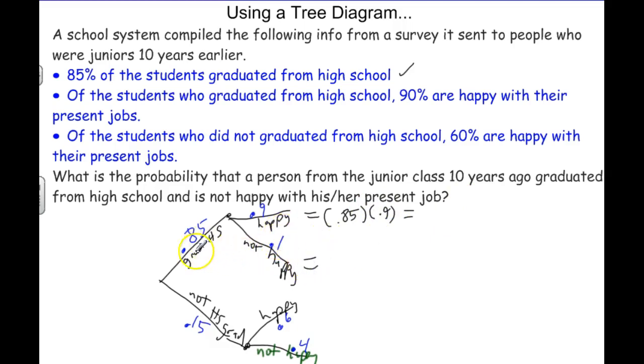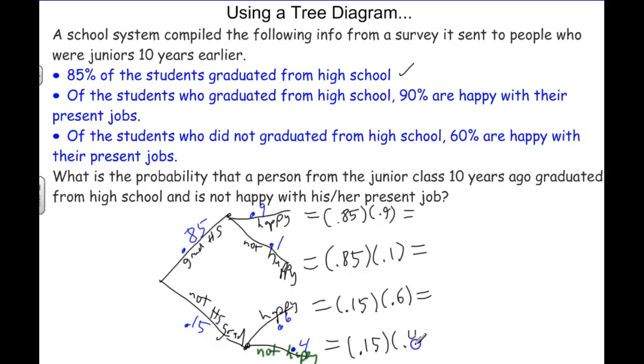To get the probability of graduating high school and not being happy, 0.85 times 0.1, type that in your calculator. To figure out the probability of not graduating high school and still being happy is 0.15 times 0.6. I think that you graduate high school, you've got a better chance to be happy, it sounds like. And finally, not graduating high school and not being happy, that's not a good situation. 0.15 and 0.4. So type those in your calculator.